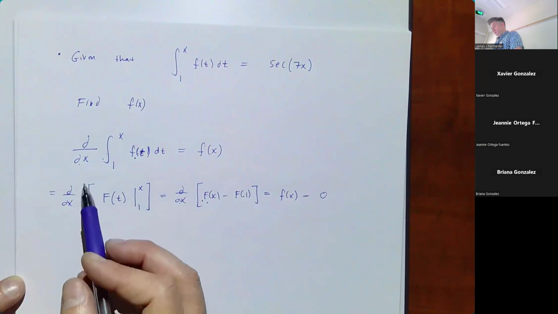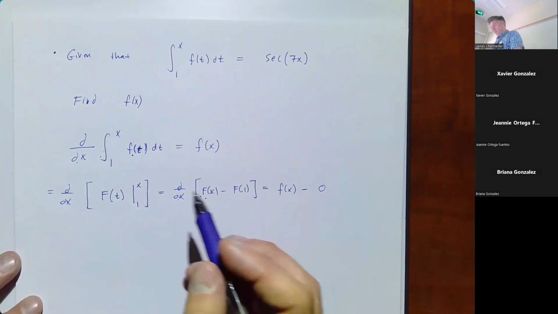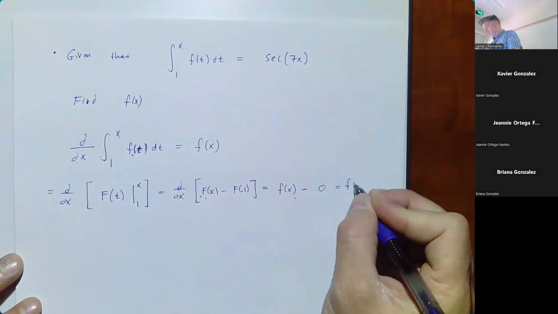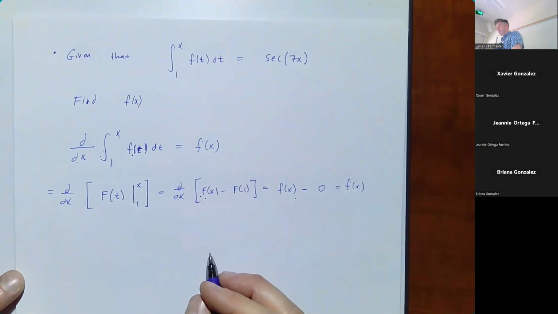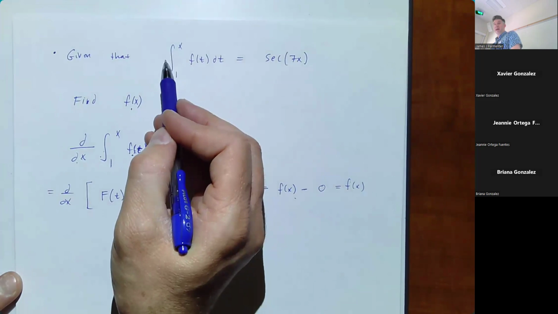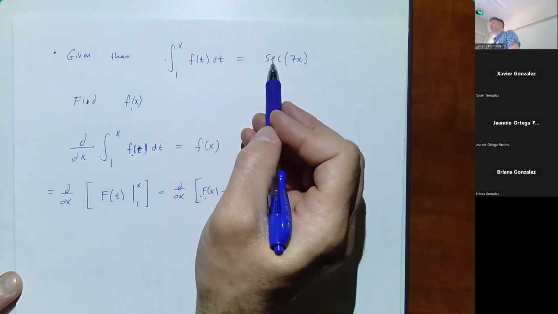So the derivative of the integral from 1 to x of f of t is equal to f of x. They said find f of x, which means take the derivative of this, but if you take the derivative of that side, you also take the derivative of the other side.